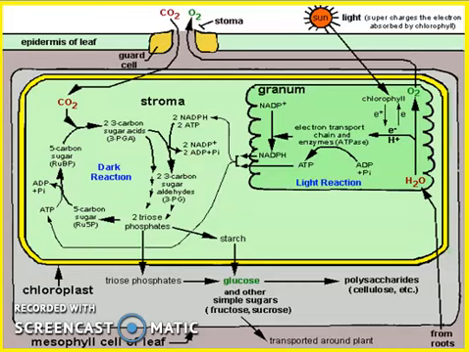Now dark reaction, a very important enzyme, that is ribulose bisphosphate carboxylase, or it is called Rubisco. So this Rubisco combines a 5-carbon sugar with CO2 molecules to produce a 6-carbon compound that immediately breaks into a 3-carbon sugar acid.